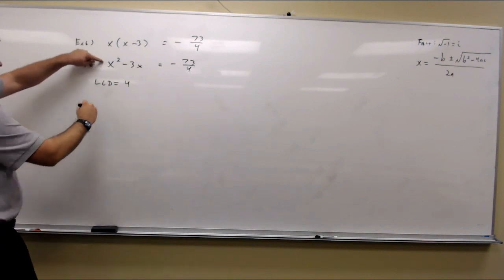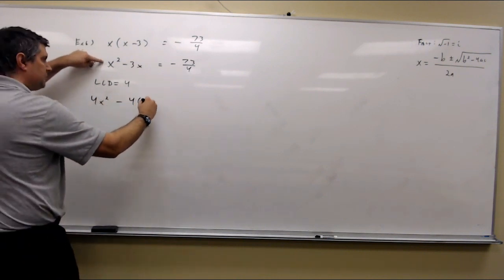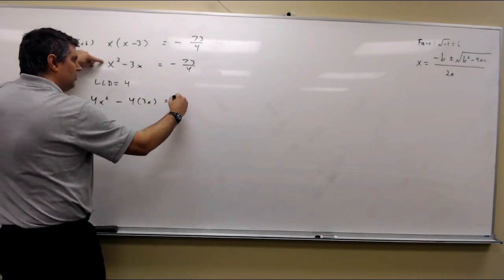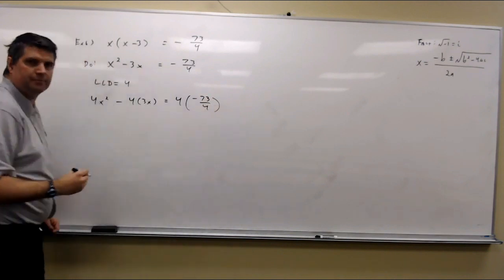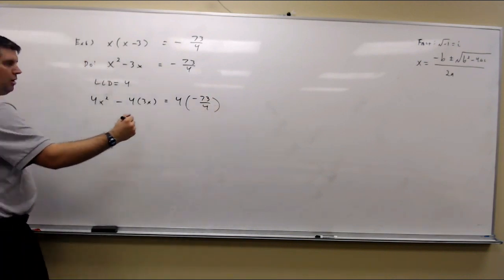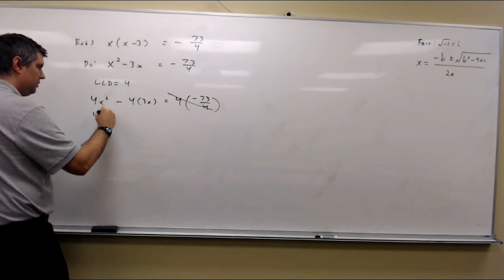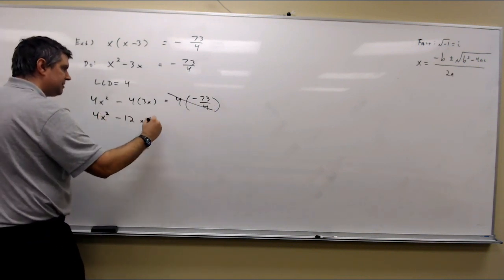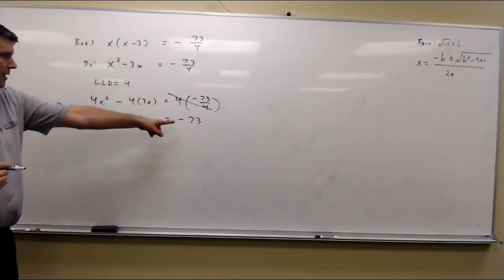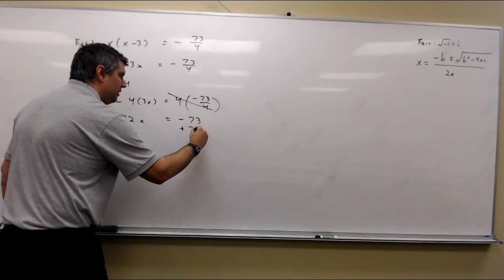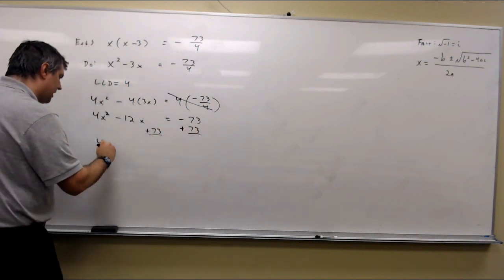So we'll have 4x squared minus 4 times 3x equals 4 times negative 73 fourths. So the 4's will cancel, leaving me 4x squared minus 12x equals negative 73. I'm going to bring this 73 to the quadratic side, so that the other side is 0.